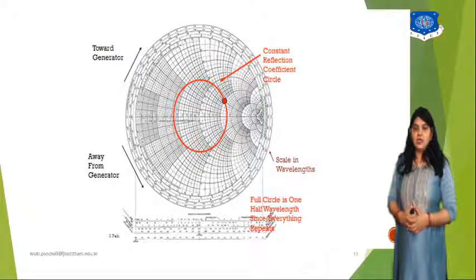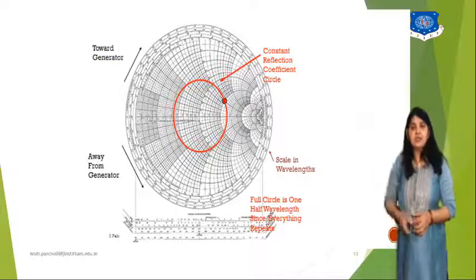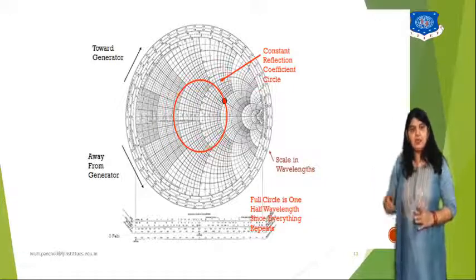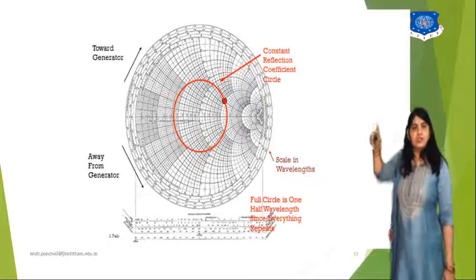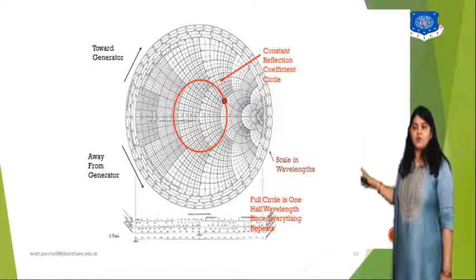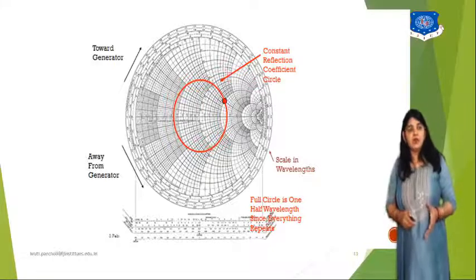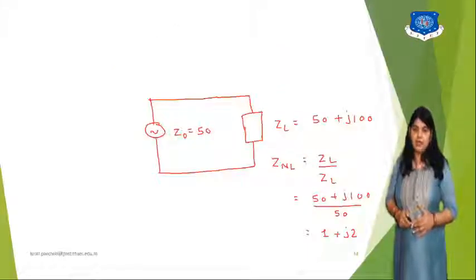So one full circle means half a wavelength, and two circles, lambda by 2 plus lambda by 2, make a lambda. Also, towards the generator and away from the generator are mentioned. This way you can keep the Smith chart in mind for plotting values.